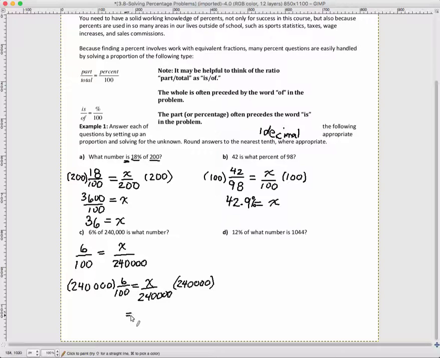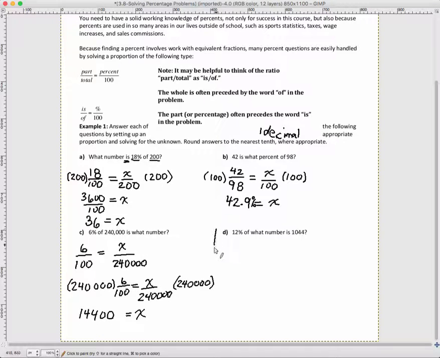The right hand side simply becomes x. My left hand side, if I do 240,000 multiplied by 6 divided by 100, I end up with 14,400. And there we go. So I found out what 6% of 240,000 is, and it's 14,400.